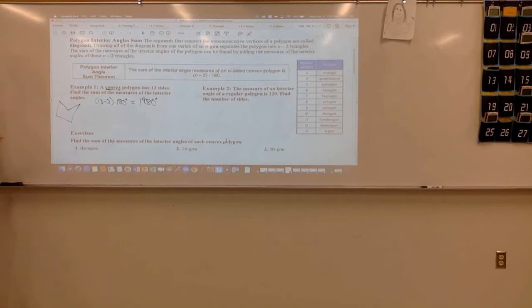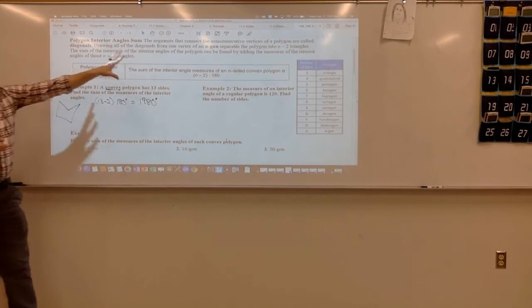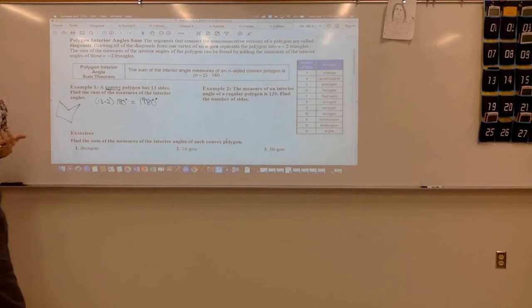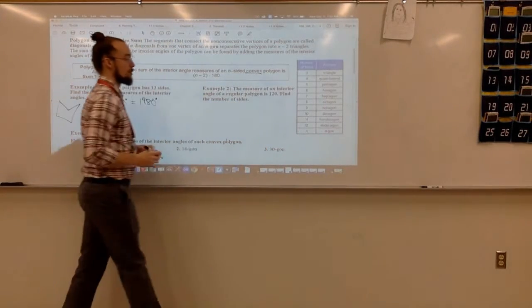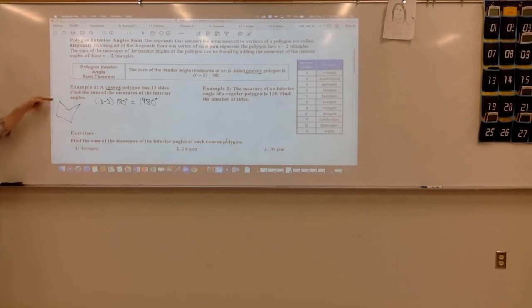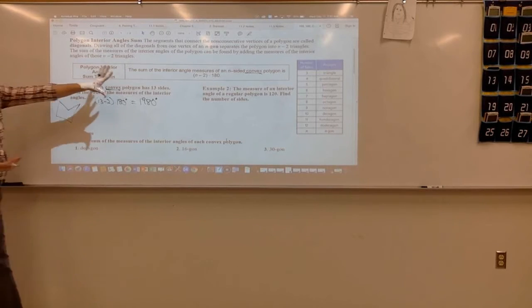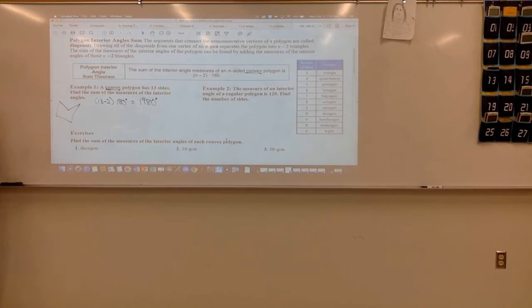So that's why they specify convex. This only works for a convex polygon, and that's in our definition here as well. If we see something like this, where a piece of the shape caves in on itself, that's not convex. This would not apply to something like this.